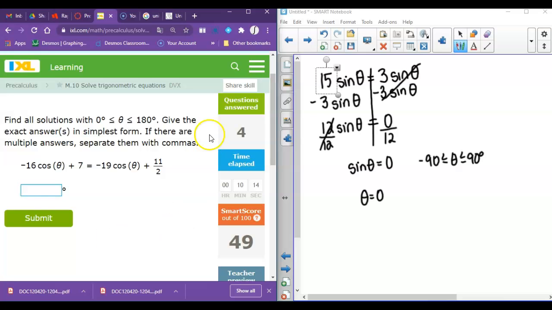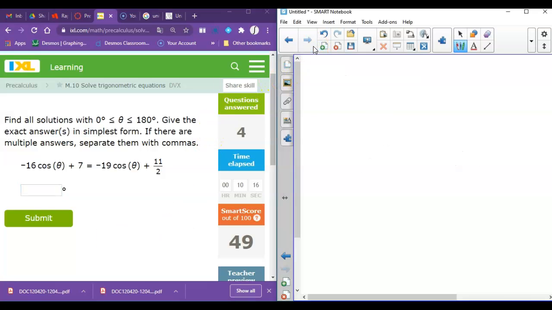Okay, so let's look at what we've got here. This one looks pretty complicated, but don't be alarmed. You've got negative 16 cosine theta plus 7 equals negative 19 cosine theta plus 11 over 2. So you need to solve for that cosine theta first.